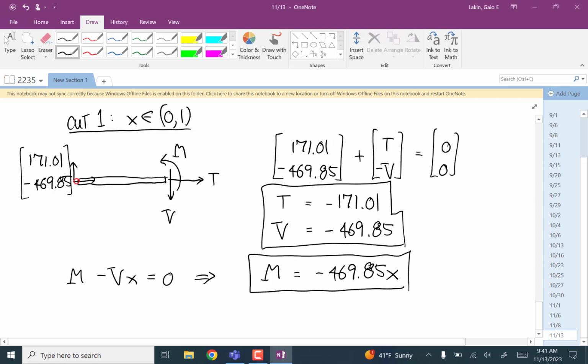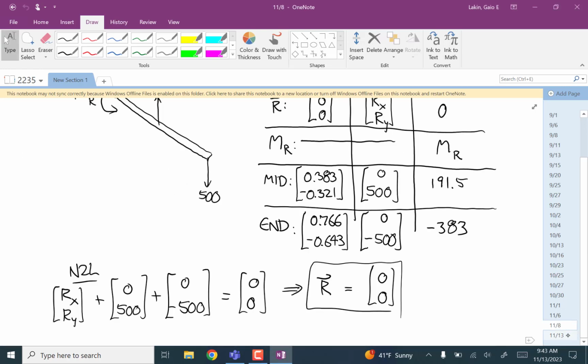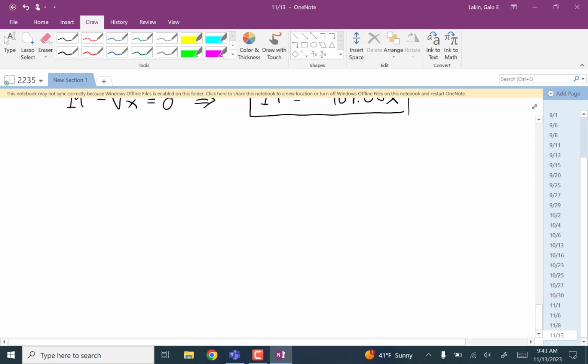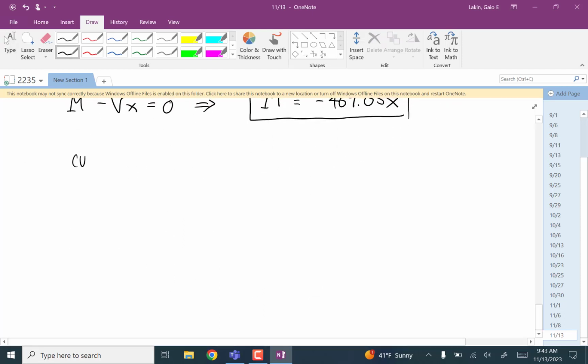Okay, and now do cut 2. So cut 2 is for x values from 1 to 2.